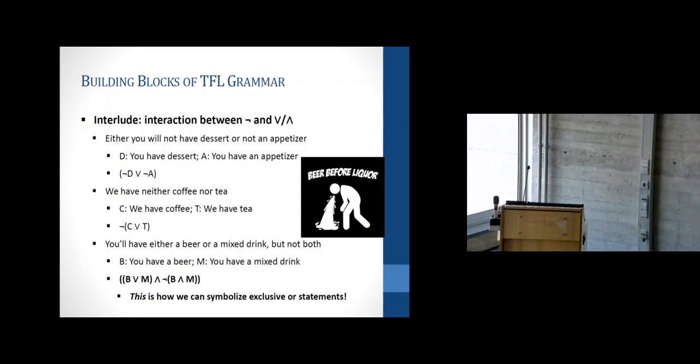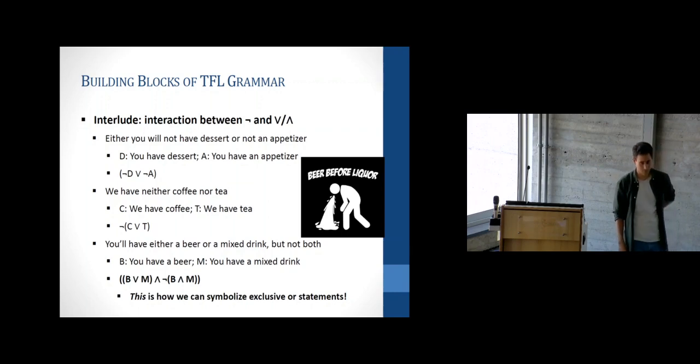Could you write the first sentence with dessert in the same way? Because you're given the same option, right? Yeah, so it's not true that you will have both, right? That's kind of a way of thinking.